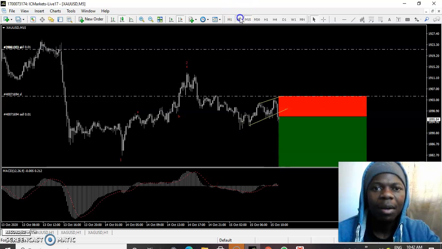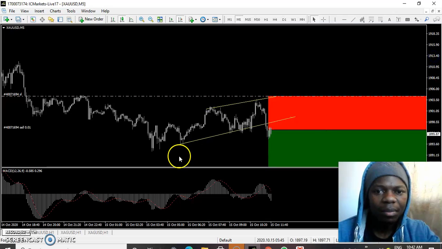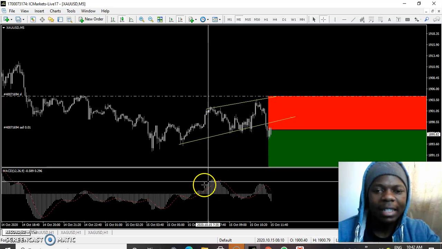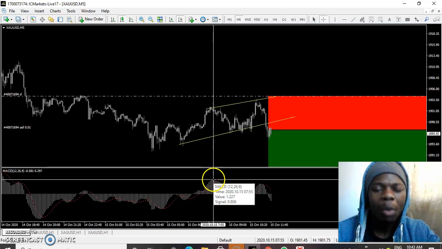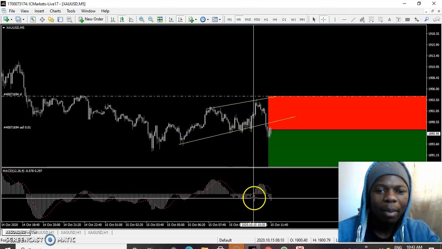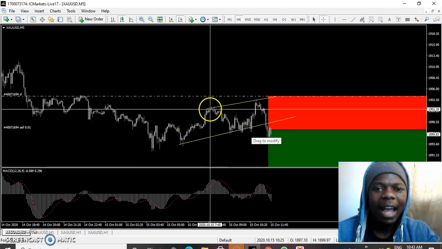And one thing on the MACD, almost forgot: when price made a higher high from there, because this is a higher low, this was the recent high, and then it breached, making a higher high. Okay, this is good. MACD was also saying okay, we are in sync, as it made a deeper pullback and made a higher high.